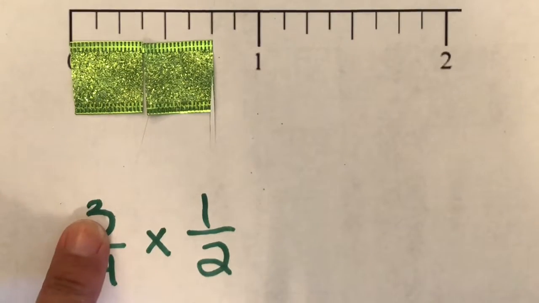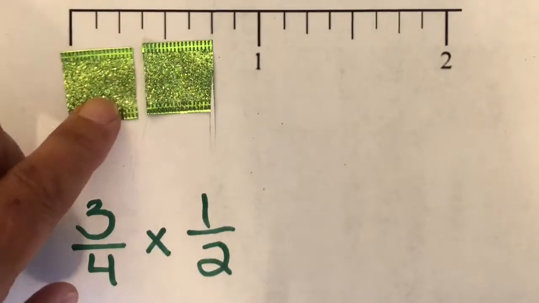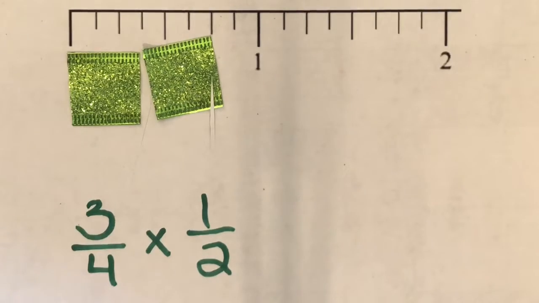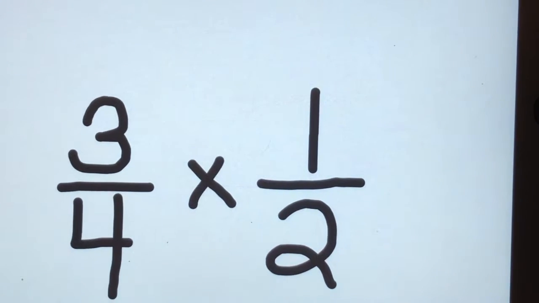So 3/4 times 1/2 is equal to 3/8. And now we're going to go back here and connect back to our visual model.